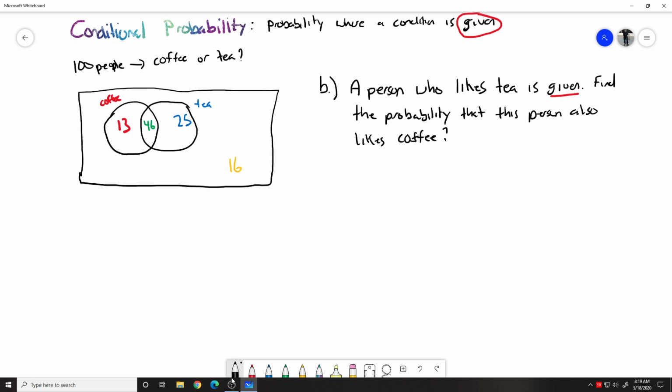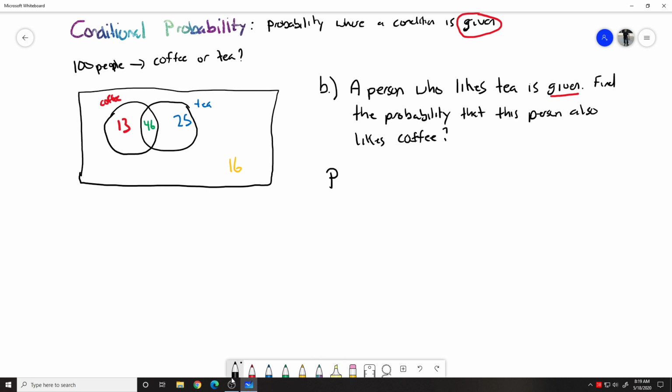We have to exclude some people from the survey now. We can only look at the people that like tea. Find the probability that out of these people, the ones that like tea, they also like coffee. This is sort of going to look like a dependent question, but we're not going to be doing any multiplication, though it does look like a dependent question.